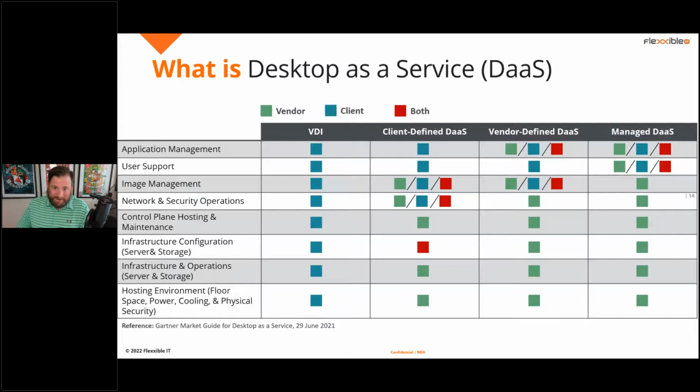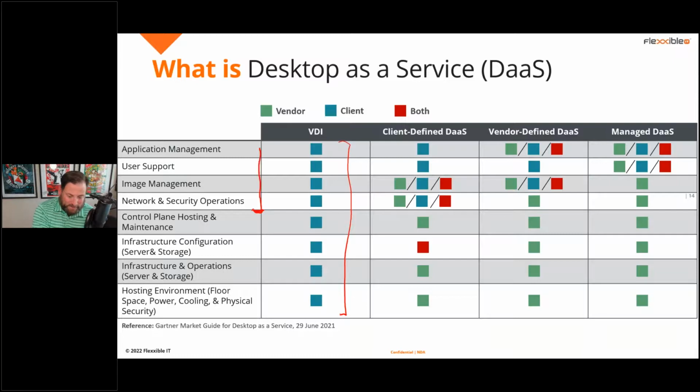Gartner defines desktop as a service as such, and I'm going to bring up my little pen here and draw, but I'm going to move my presenter view first. You can see there are 3 different definitions of desktop as a service. Here we have traditional VDI, and I would argue a lot of us are still in that camp. You're still doing the day-to-day support, the network and security, everything right above this line.